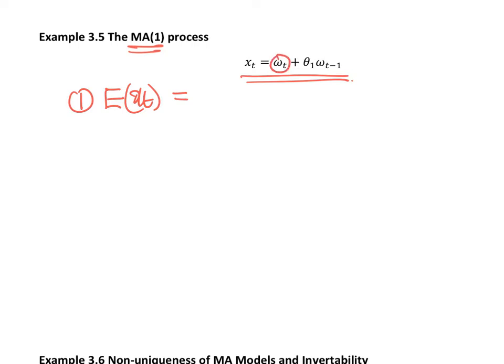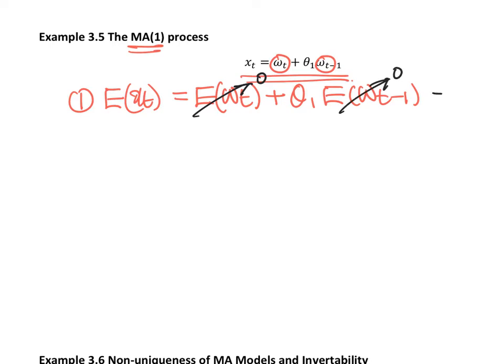It was easy. Here's a white noise and white noise. So the expectation of the white noise, I can give you more details. It will be the expectation of the white noise at time t plus theta 1 times the expectation of another white noise at time t minus 1. Then identically the expectation will be 0, and that will be 0. So the expectation of x_t will be equal to 0.